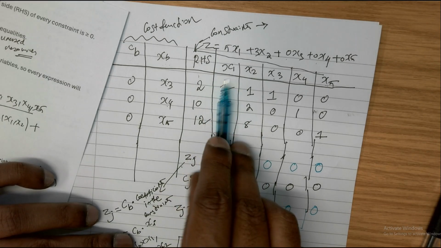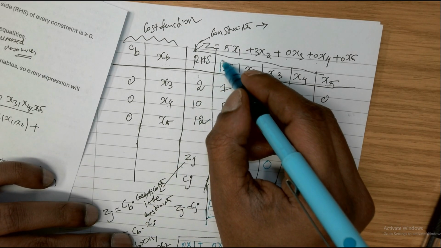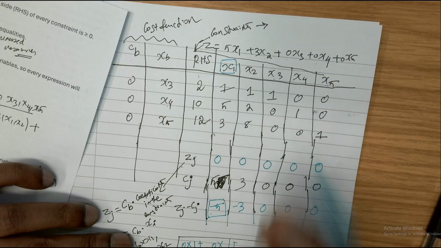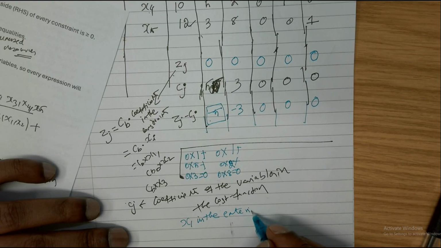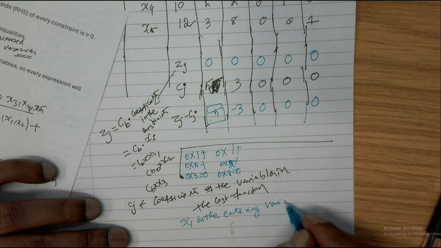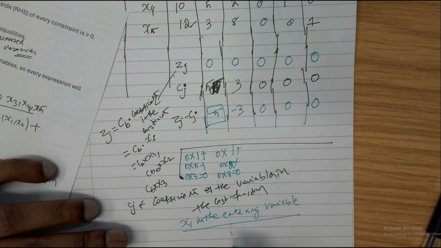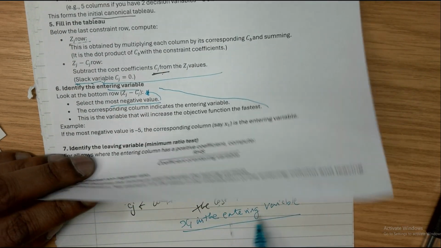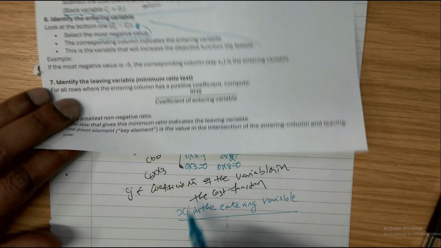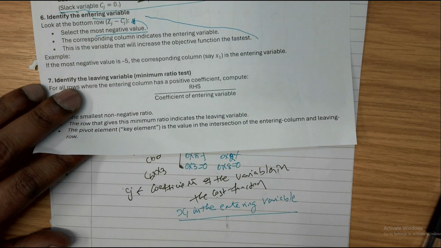Which means x1 is our entering variable. So let's write it: x1 is the entering variable. We will try to increase x1 so that our profit will increase.